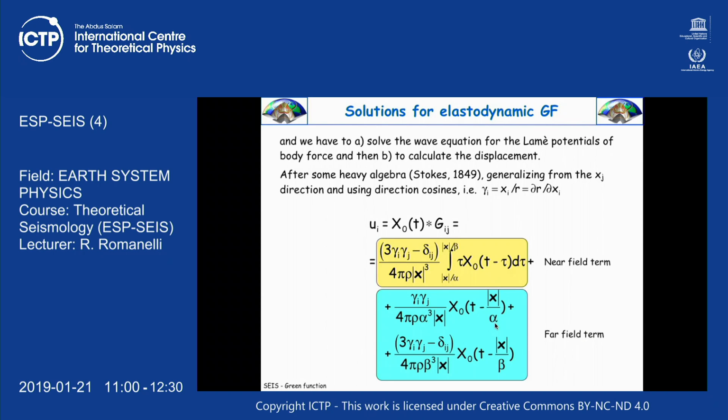Something that is not simple is this. Because we were not waiting for that. We were waiting for a P, and here we have, for an S, and here we have, spherical, and here we have. But what about this? We don't know. Yeah, we're going to write it now. But definitely it's decaying much faster. That's why it's called near field.